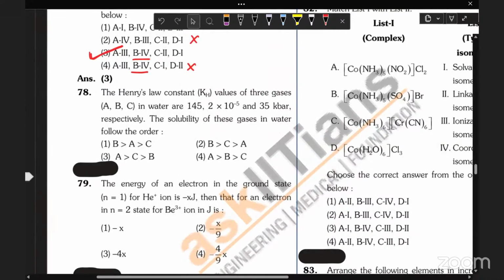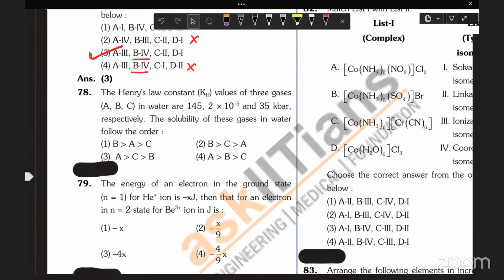The question is from the solution chapter. Henry's law constant KH values of three gases A, B, C in water are given in kilobar respectively. The solubility of these gases in water follows the order. If you remember, the KH value tells that the higher the value of KH, the lower will be the solubility or the mole fraction of the gas in the solution.